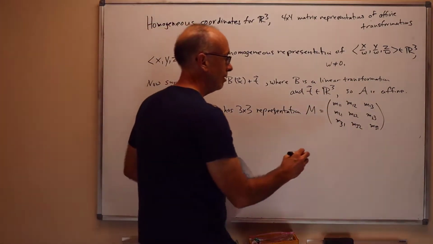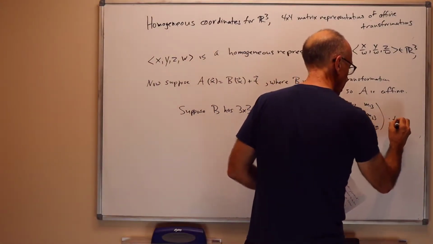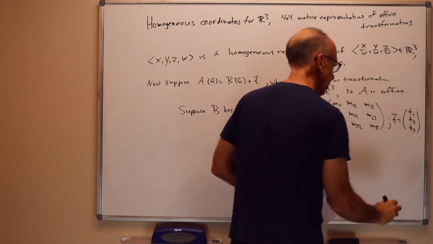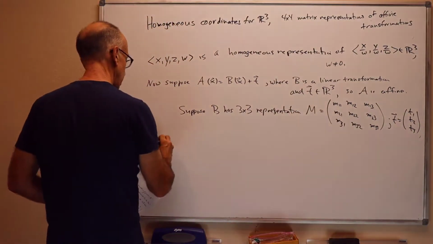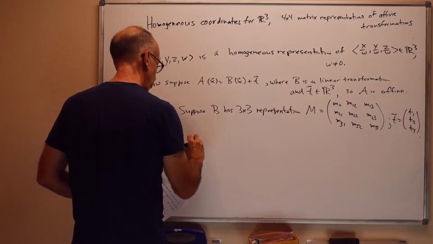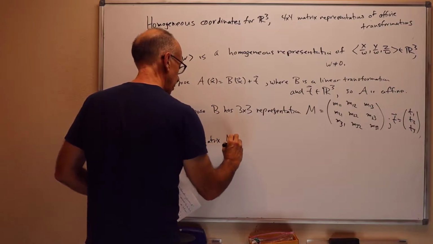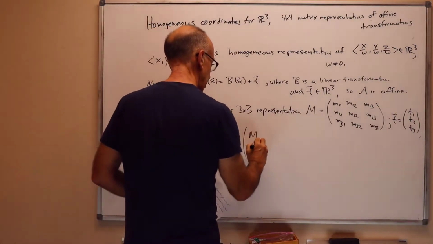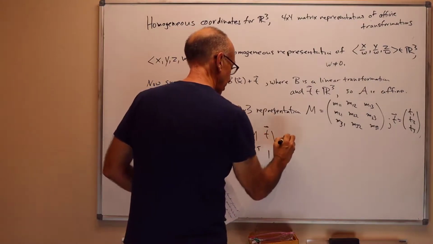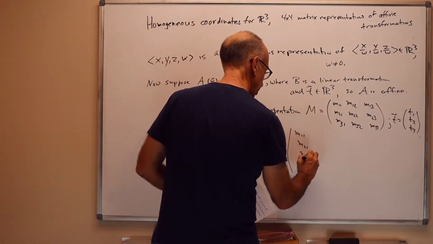And we'll also suppose that t is the column vector t1, t2, t3. Then, if we let N be the following 4 by 4 matrix, you can write this in block notation as M, 0 transpose, t, 1, but to write this out more explicitly, we've got M11, M21, M31, 0.